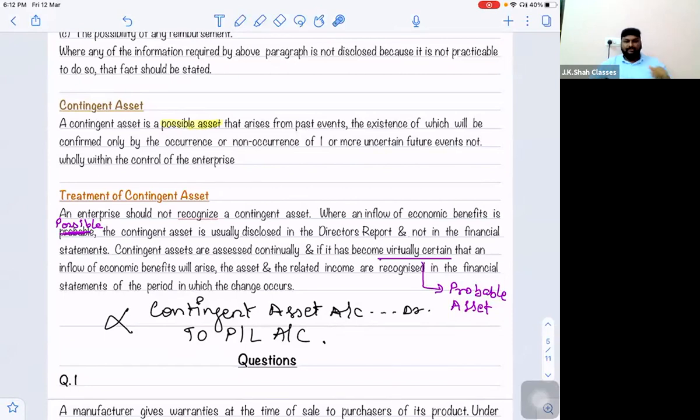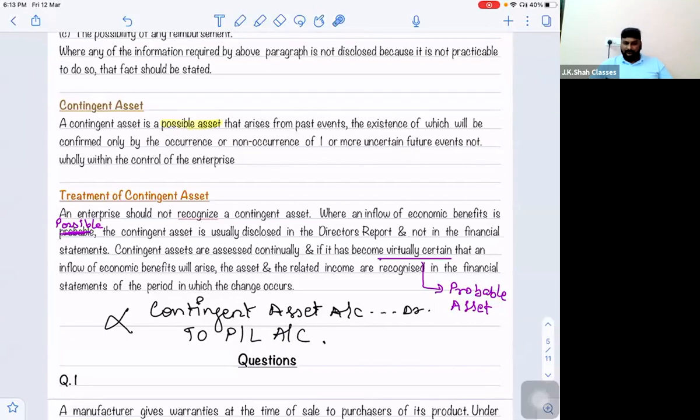See, nobody asked me this query, so I am telling it from my end. Nobody asked me why you don't record a contingent asset until it is virtually certain. Now please understand, when you record a contingent asset, this is the journal entry: contingent asset account debit to P&L account. Technically you are crediting your P&L account, which means you are recording a revenue.